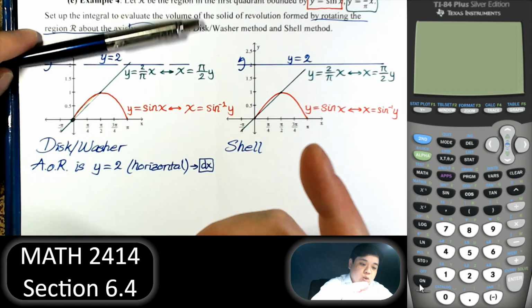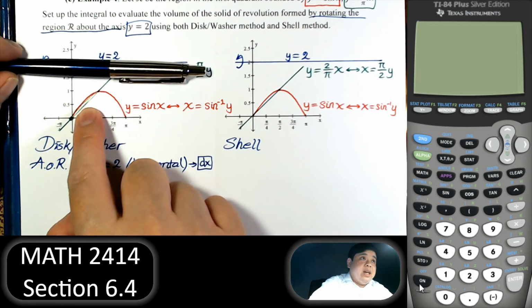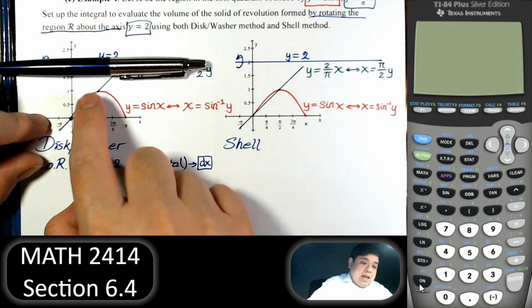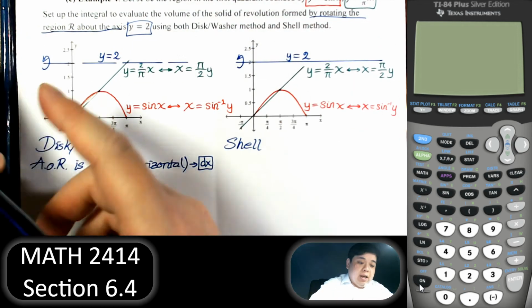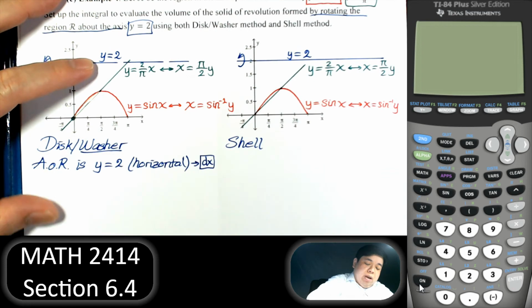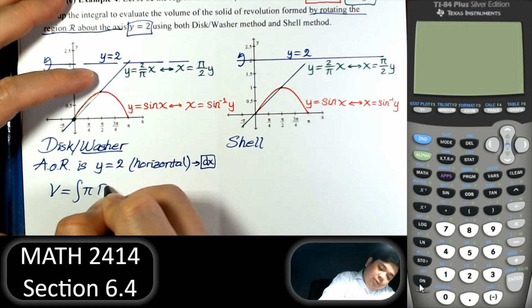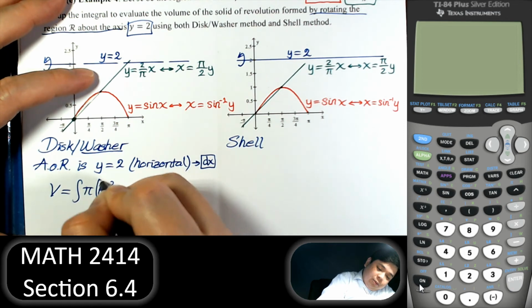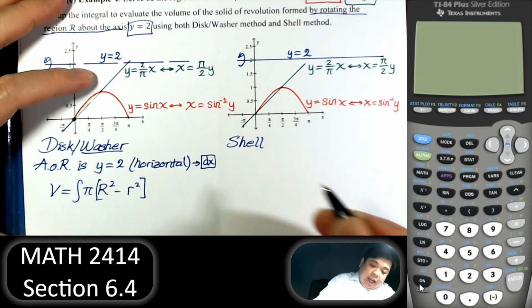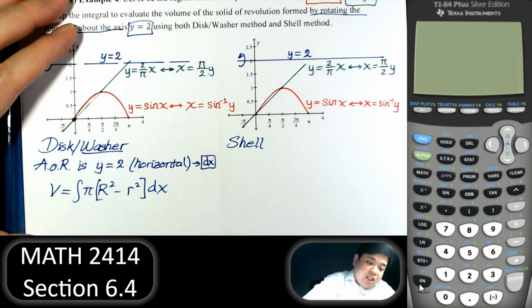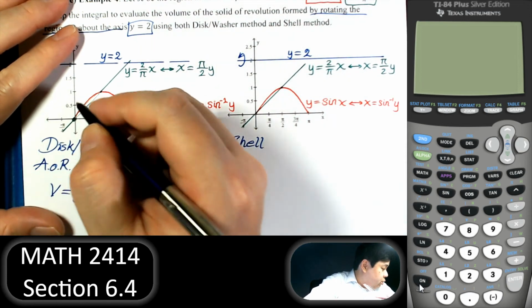The axis of rotation is way over there, and the region is here, and there's a gap in between. So that is a washer method. And we use dx here, and x goes from 0 to pi over 2.